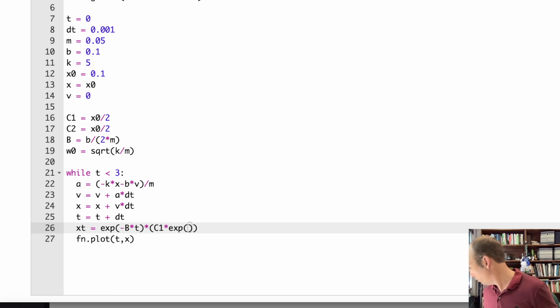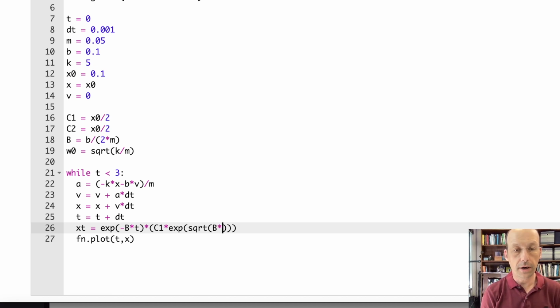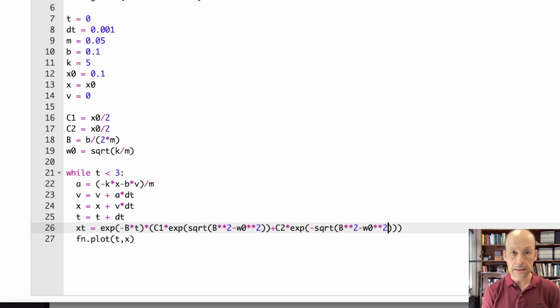It's square root beta squared minus omega naught squared, plus c2 times exponential of negative square root beta squared minus omega 0 squared. Kind of nervous there.